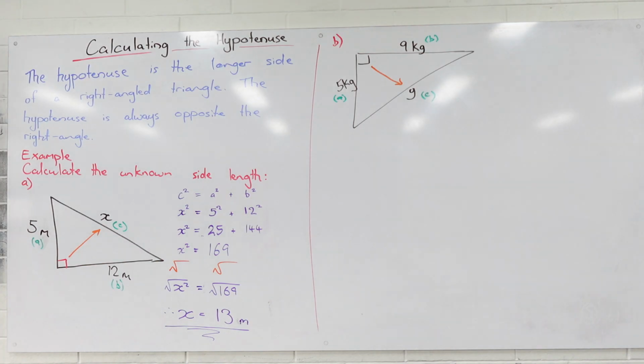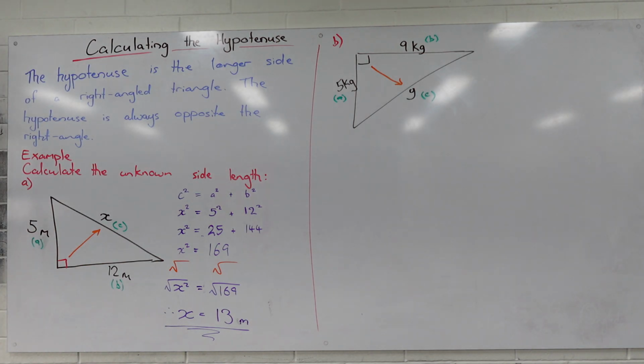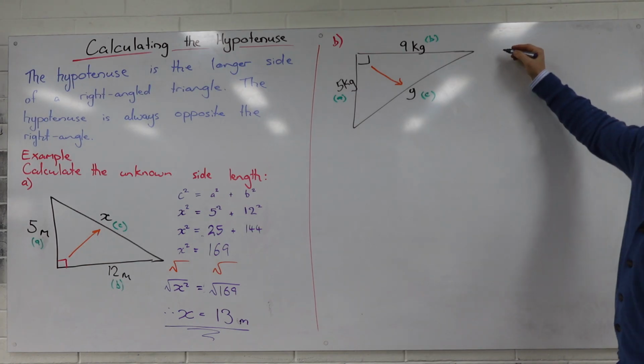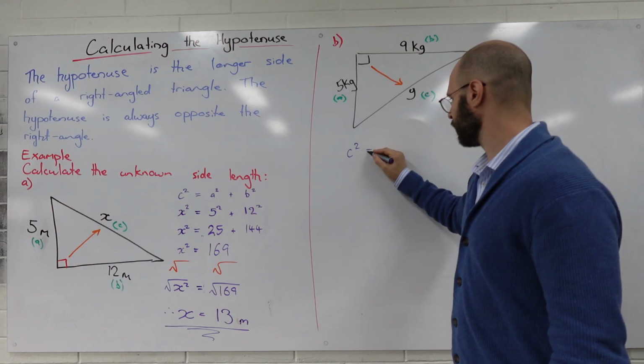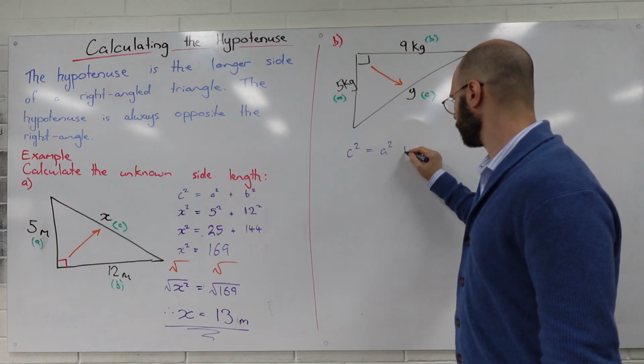Now, we're trying to find an unknown in a right-angled triangle. What theorem could we possibly use to be able to solve for the unknown here? Any ideas, guys? Grace, what do you reckon? Yeah, Pythagoras' theorem. Do you remember what Pythagoras' theorem was?